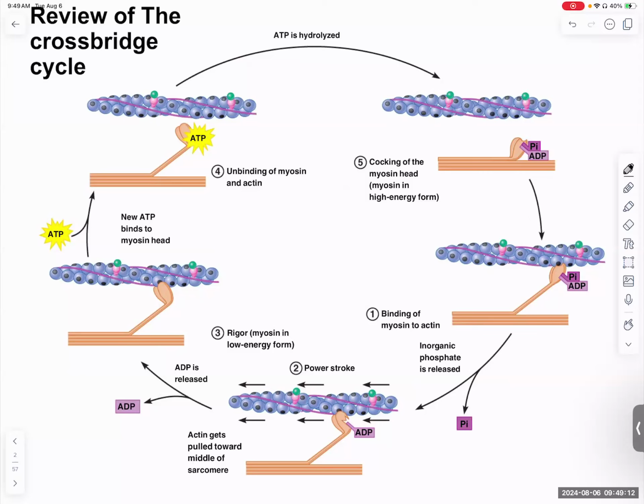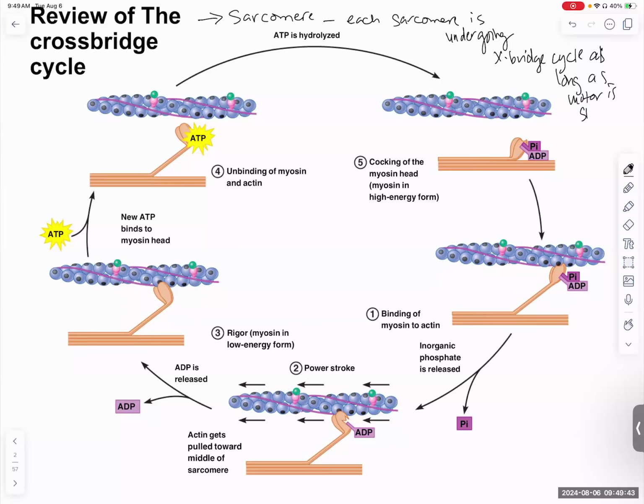It's worth reviewing cross-bridge cycles. So again, this is happening in the sarcomeres. Each sarcomere is undergoing the cross-bridge cycle as long as the motor neuron is stimulated.